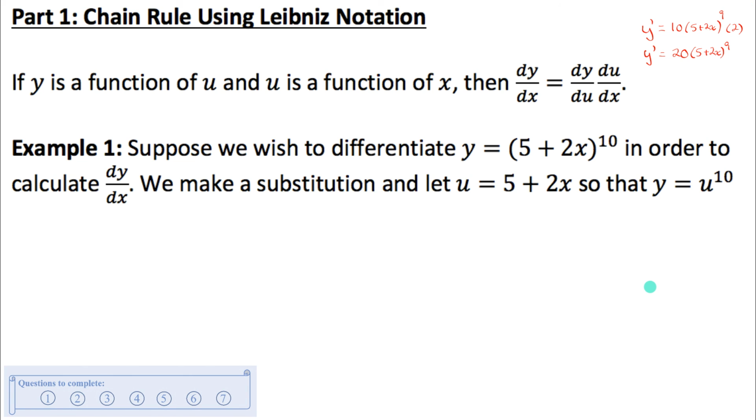But now I'm going to teach you how to do this in a slightly different way. It's going to seem more complicated, but like I said, it's going to help you understand implicit differentiation. So we're going to differentiate this power of a function still. We're still going to find dy dx. But the question tells us to make a substitution and let u equal 5 plus 2x so that we get y equals u to the 10. So let me write down what we have.